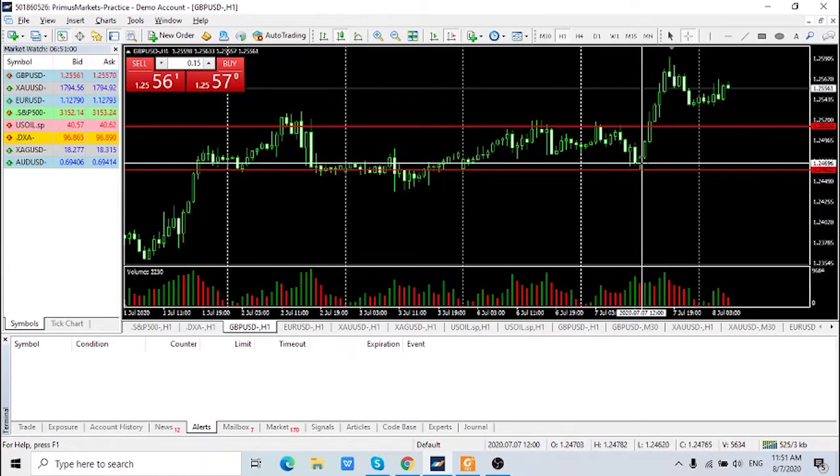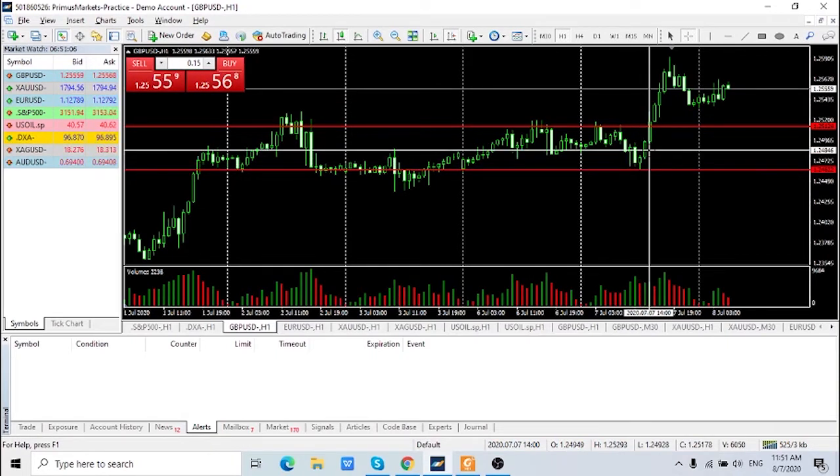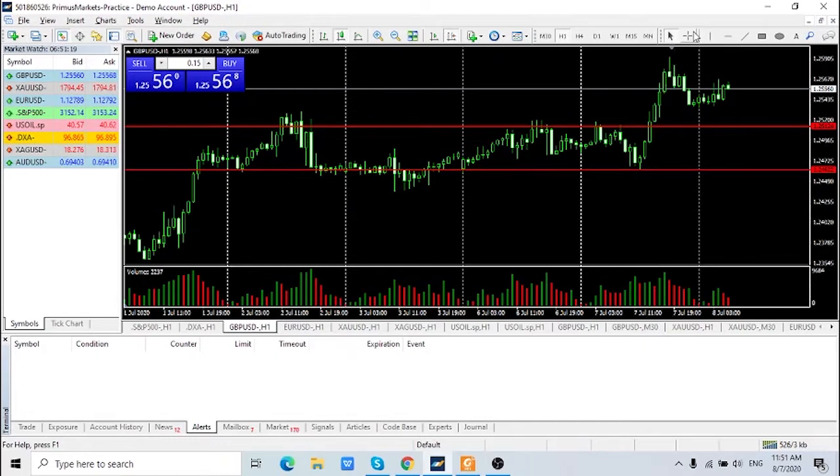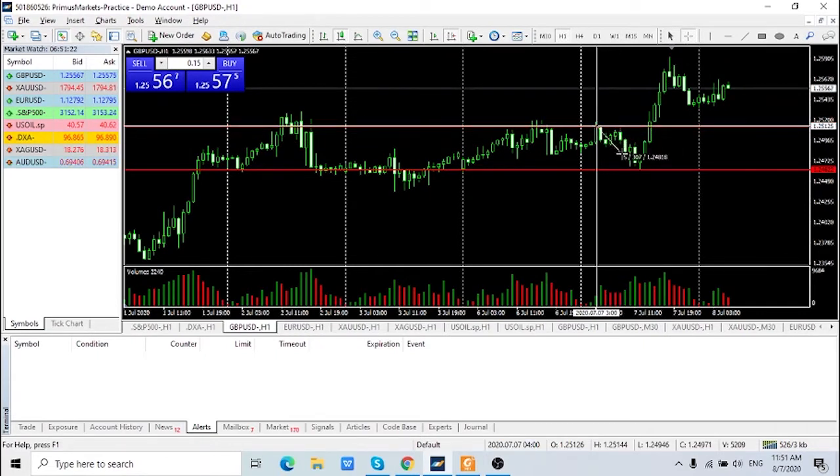Starts to move up. Even if you didn't catch these first two hours of movement, you could have gone in again at 7 PM over here at about 1.2495, and the UK pound strengthens further to a high of 1.2593. Okay, so morning session, UK pound moving down about 50 pips.